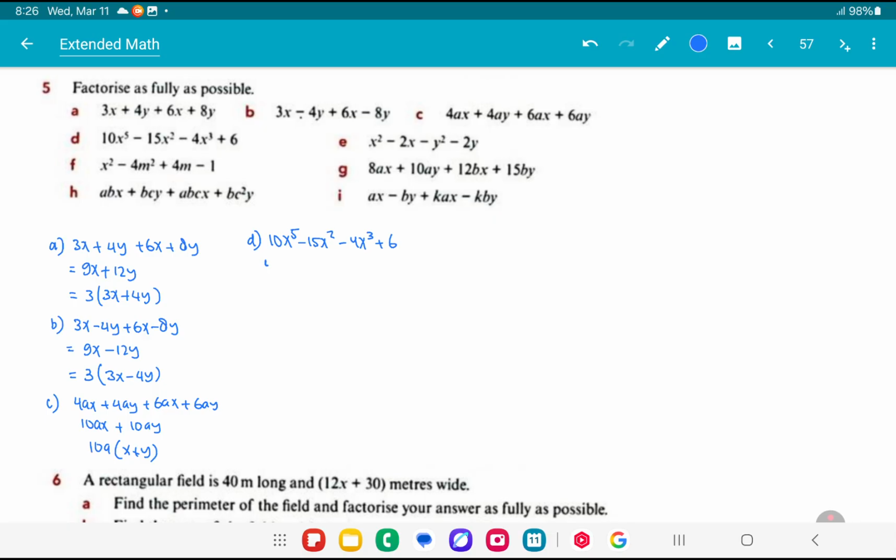So we got 5, and then we got 5x squared multiplied by (2x cubed minus 3x), and then minus 4x cubed plus 6.